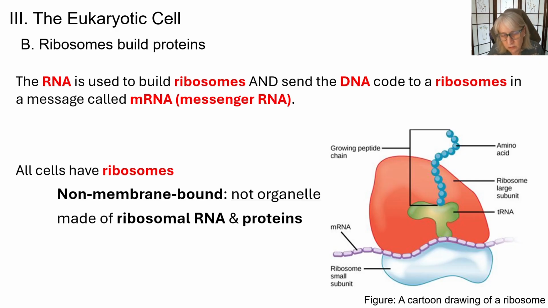It ekes through little doorways in the nucleus, and it goes out into the cell's cytoplasm and slides itself into a ribosome. The ribosome is also made out of RNA. It reads the message in the messenger RNA, and the ribosome then catalyzes the building of a protein by putting together the building blocks of proteins, amino acids, following DNA's rules.